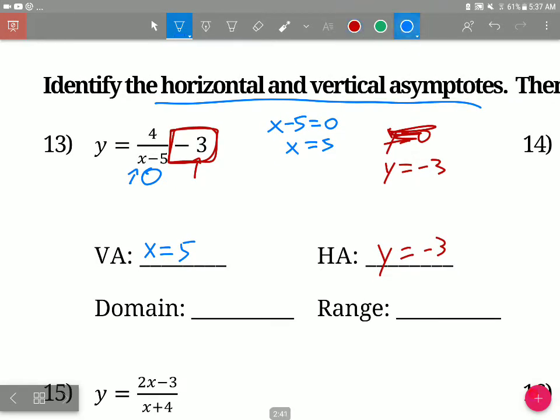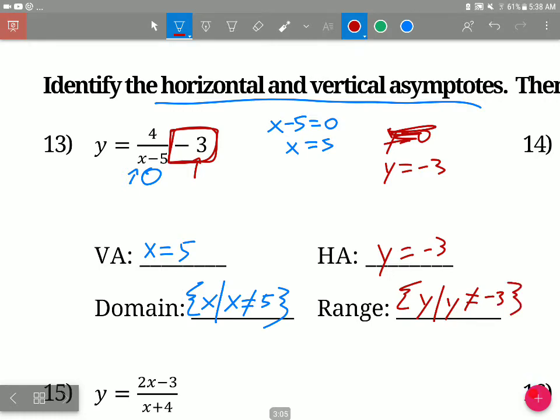So in this case, your domain is everything except for that vertical asymptote, and your range is everything except, no, it's not x, it's y, except for that horizontal asymptote at negative 3.